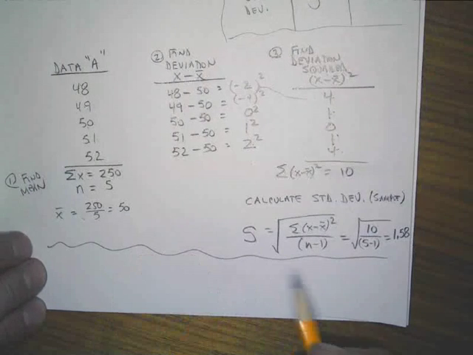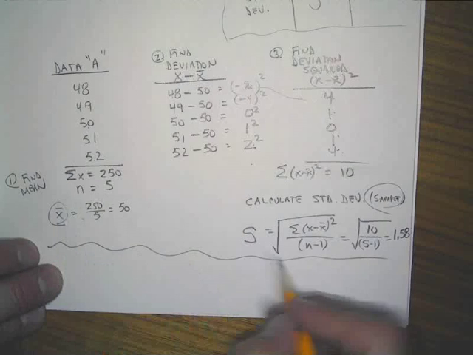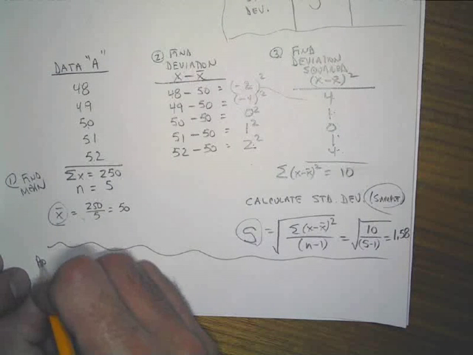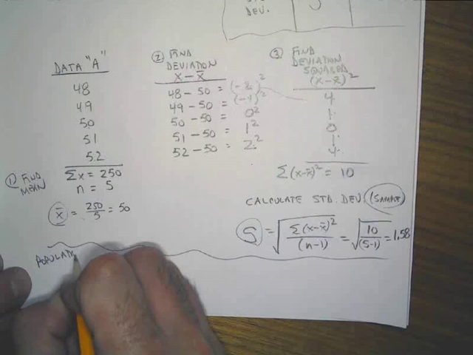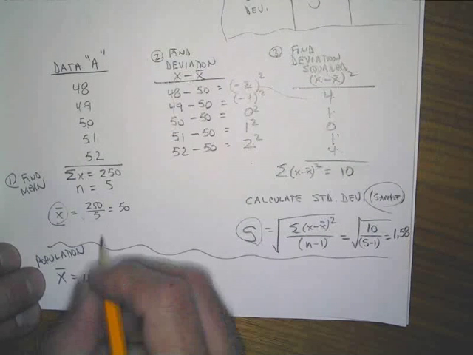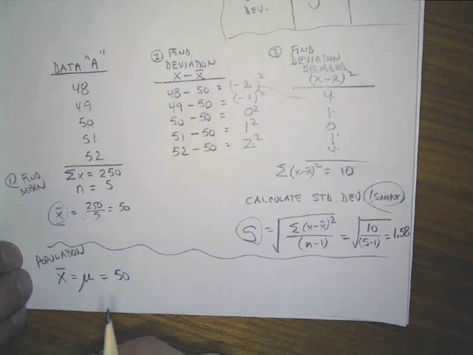Now, here's the very last thing. Remember, I said this was for a sample. We did x bar and we did s. That's for a sample. If it's for a population, x bar and mu are the same. The mean is the same for a sample and a population.